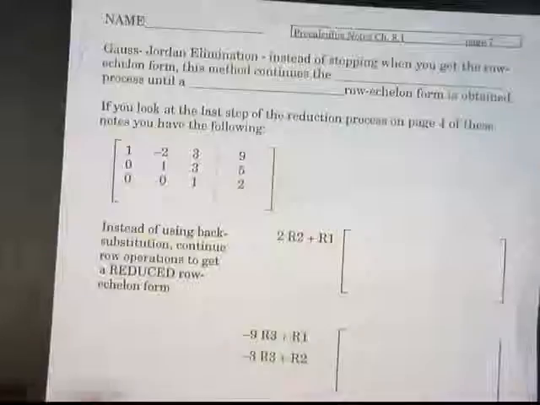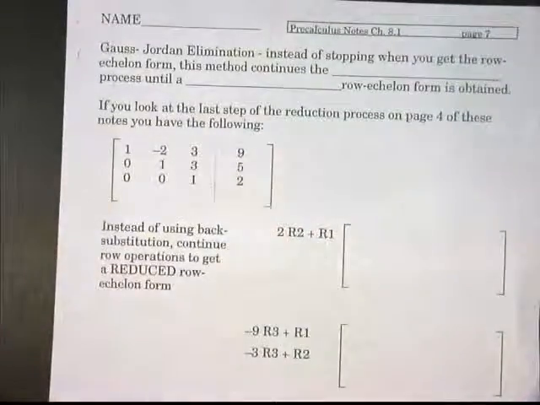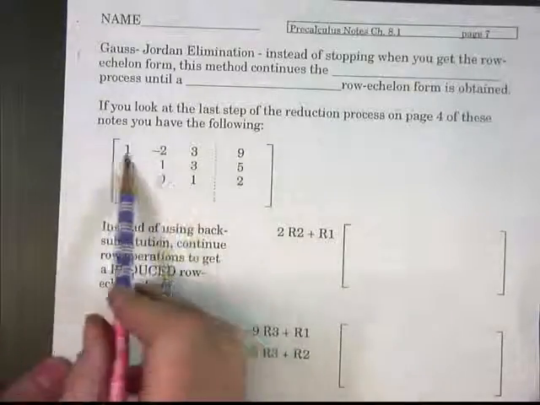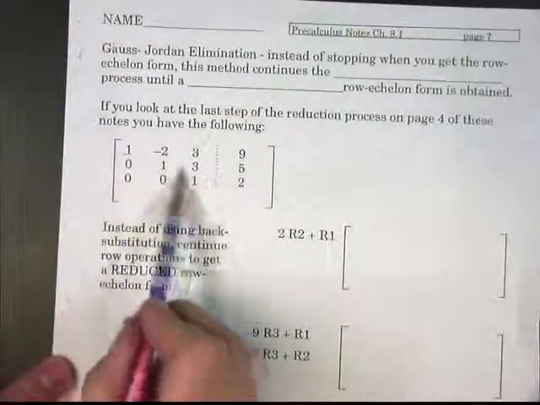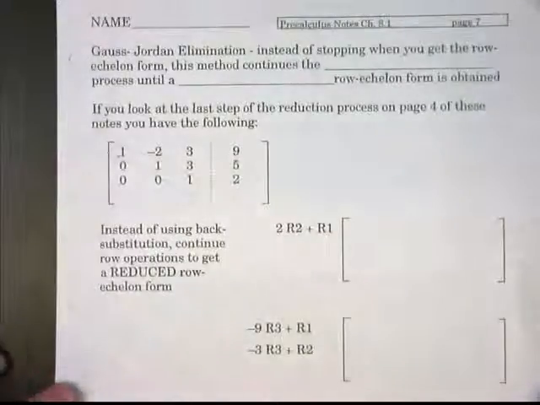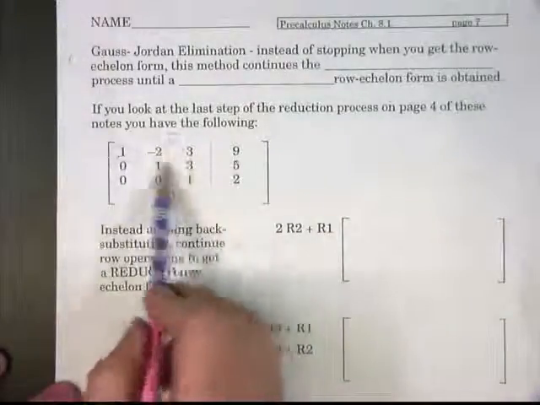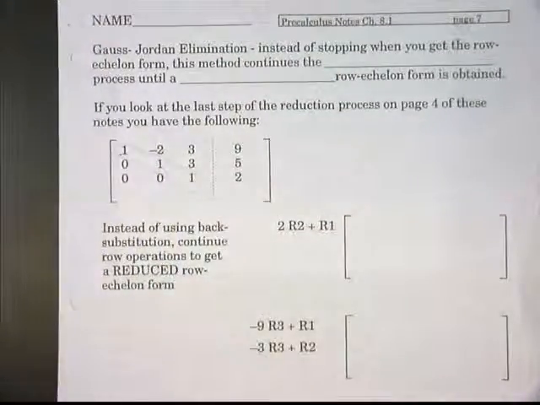Above and below the 1 diagonal is what this Gauss-Jordan elimination is. So at this point, this is a row echelon because we have 0s below and 1s on the diagonal. So I want to make above the diagonal 0s as well.